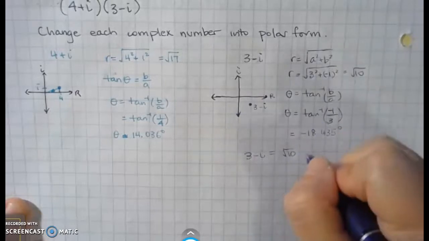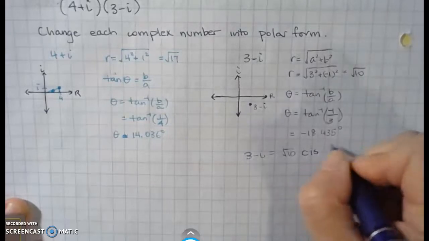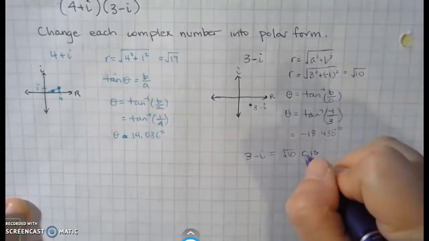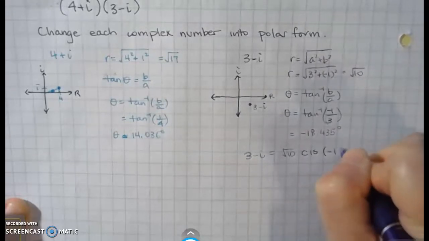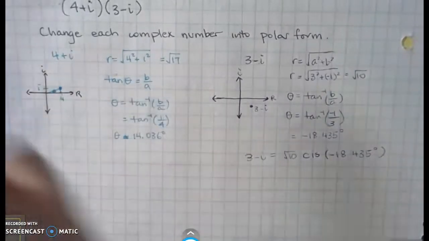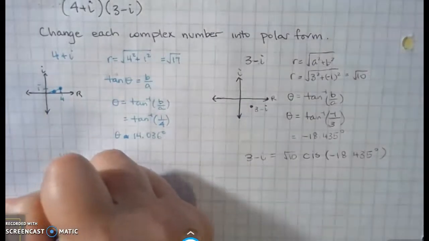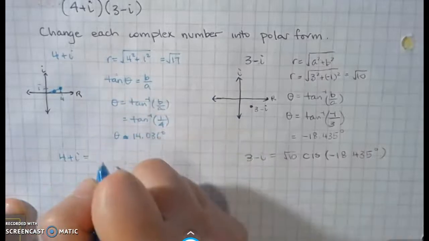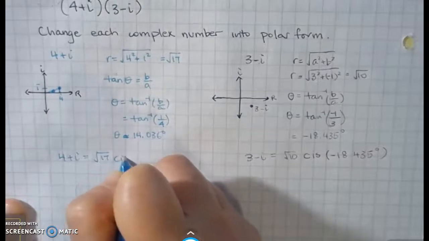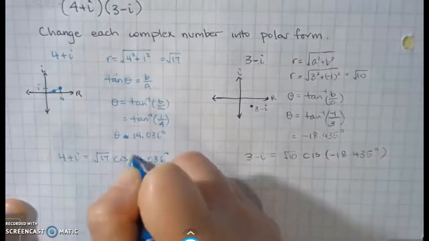And let's use the shortened version. So instead of writing cosine of negative 18.435 degrees, I can just write cis negative 18.435 degrees. And I can do likewise for 4 plus i. So I have 4 plus i is equal to, radius is square root of 17 times cis. The angle measure is 14.036 degrees.